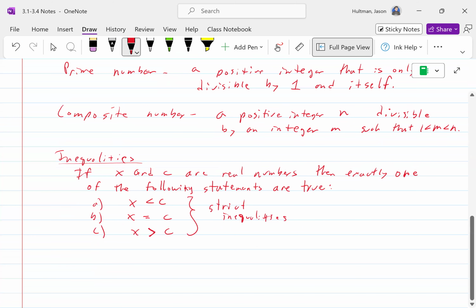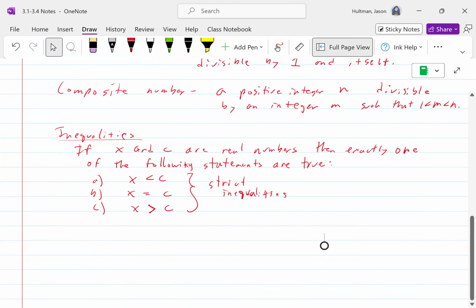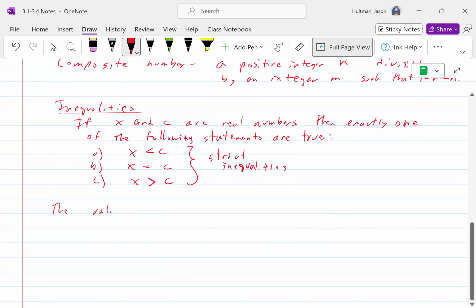The values of x and c can also be related by the symbols less than or equal to and greater than or equal to.